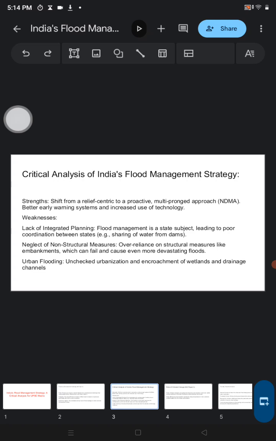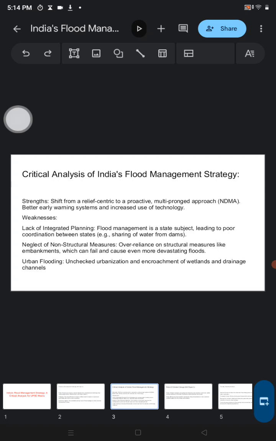Early warning systems are an important topic of environment on their own. There is also increased use of technology such as drones and mapping of the areas. These are the strengths of India's flood management strategy.